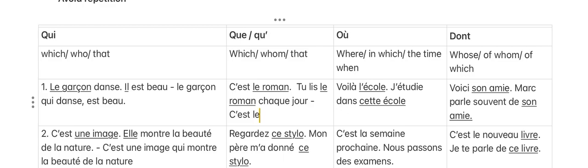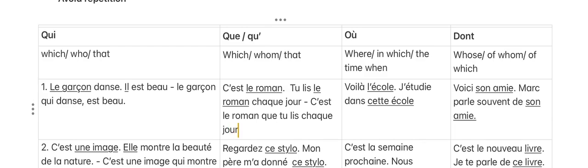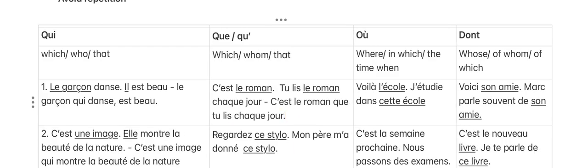C'est le roman que tu lis chaque jour. C'est le roman que tu lis chaque jour. This is the novel that you read each day. Moving on to the next example. Regardez ce stylo.